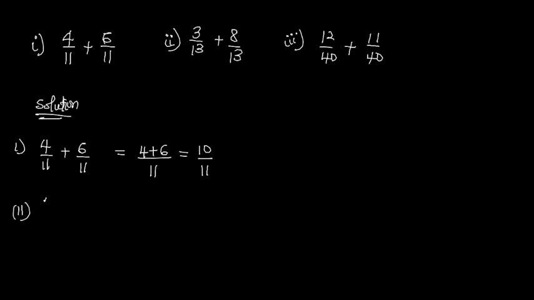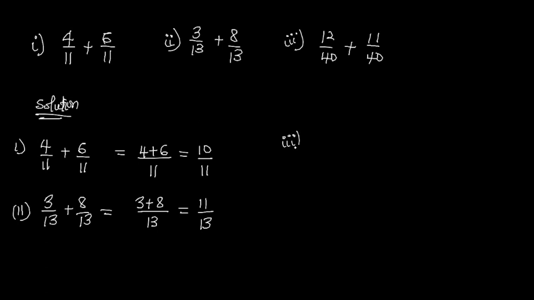Alright, let's look at the second one. We have 3 on 13 plus 8 on 13. These are also like fractions, so we maintain one of the denominators, which is 13, then we add the numerator. So we have 3 plus 8, and 3 plus 8 will give us 11. So we have 11 on 13 as our final answer.